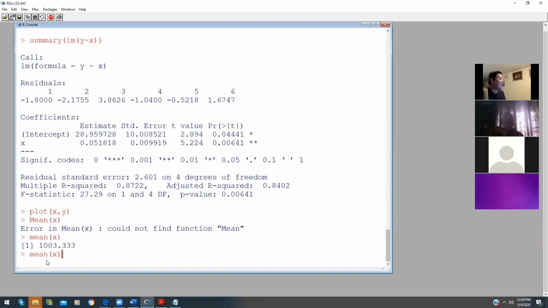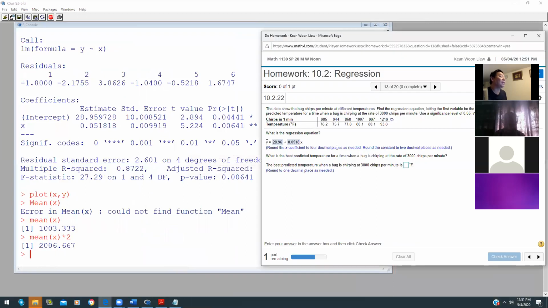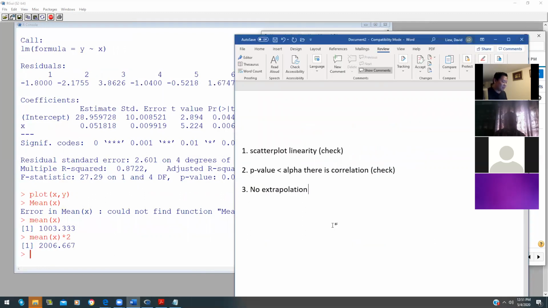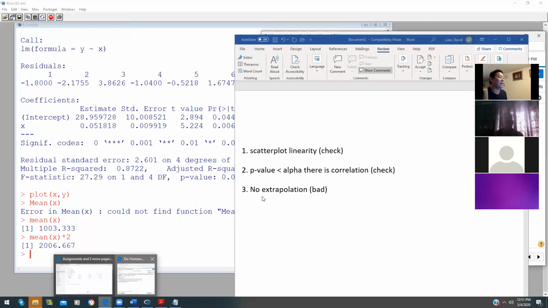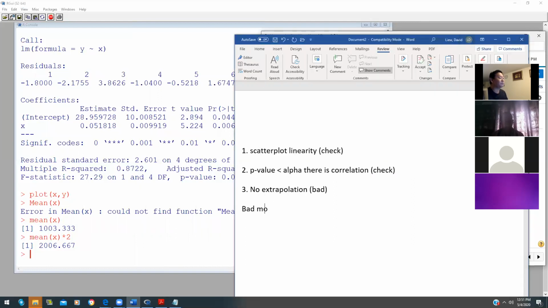If you take mean X times 2, this is 2,000, and the question is trying to predict 3,000. The maximum you can go is 2,000, and this question wants us to go to 3,000. So that is considered extrapolation. This is a bad model.